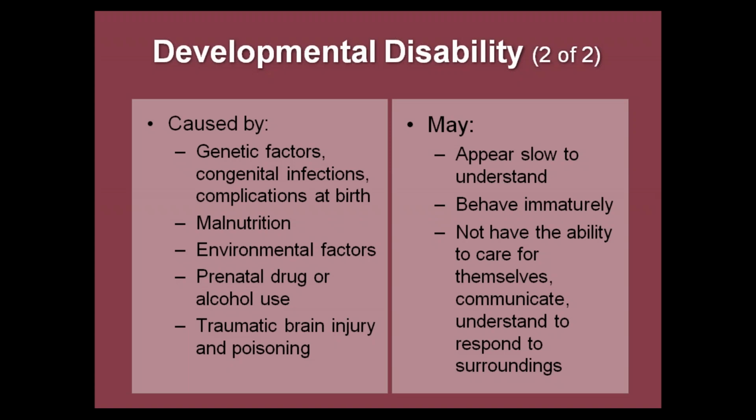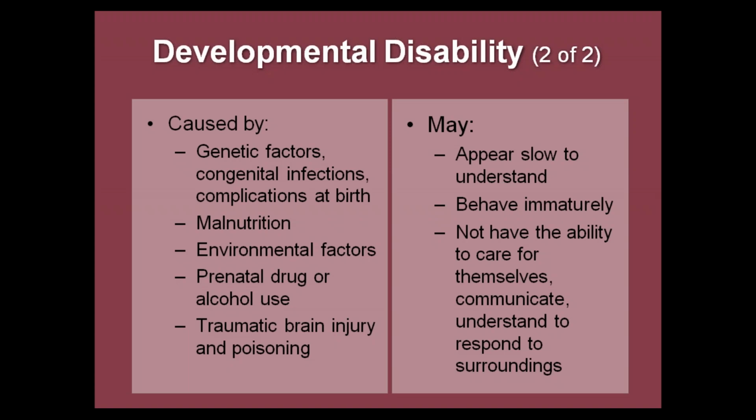It could be environmental factors, prenatal drug or alcohol use, which can cause a number of different things as that baby is being developed in the womb. And it could also be a result of traumatic brain injury and poisoning. That traumatic brain injury could also be a result of, say, lack of oxygen when that baby is being born. So it could be at different time frames.